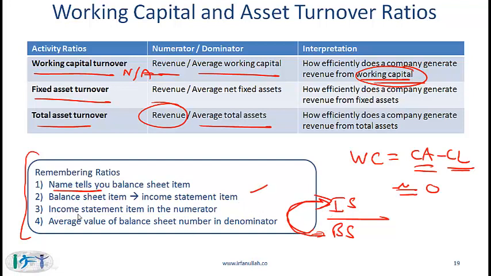As I've already mentioned, the income statement item is going to be in the numerator for our activity ratios. And then also notice that in general with the balance sheet item, we use an average value. If you can remember these 4 points, then that will allow you to remember all the activity ratios.